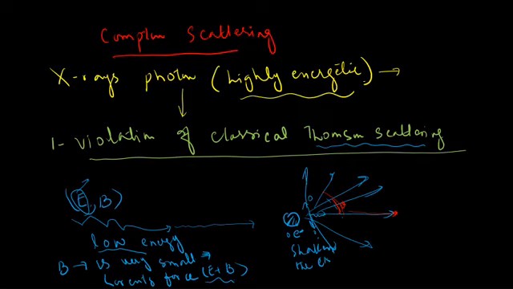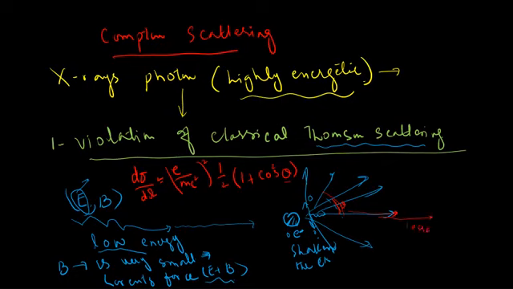So the Thomson scattering cross section can be written as d sigma over d omega equals (e over m c square) whole square into 1 by 2 into (1 plus cos square theta), where theta is the angle between the incident direction of the photon and the photon that emerges.